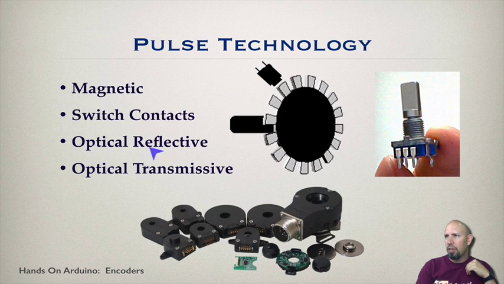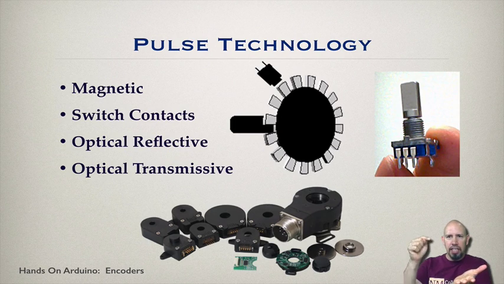We can have optical, and there are 2 different kinds of optical pulses. Optical reflective is where you have a light source that reflects off some kind of a disk in which you have dark spaces and light spaces, and if the light bounces onto a detector, it can detect a difference between a light space and a dark space as it goes around.